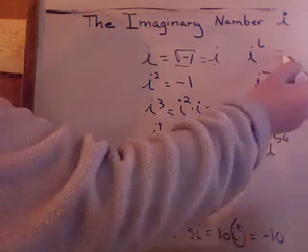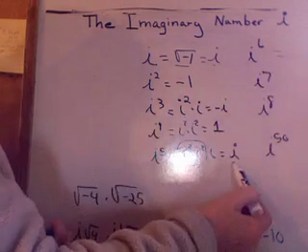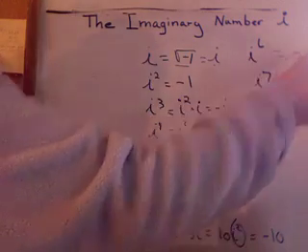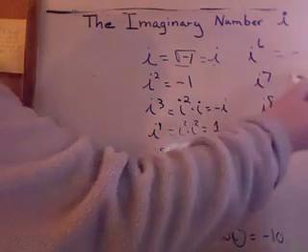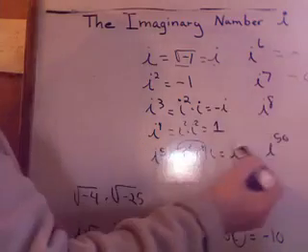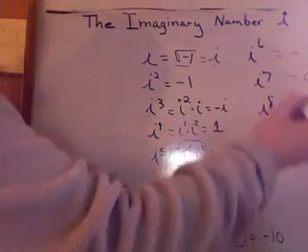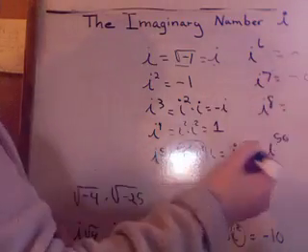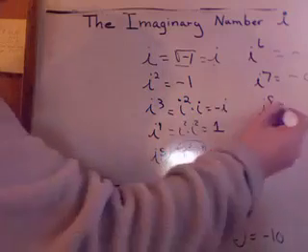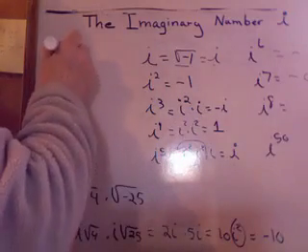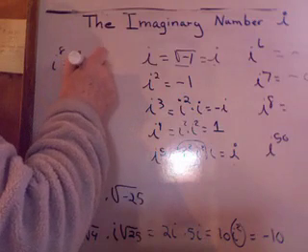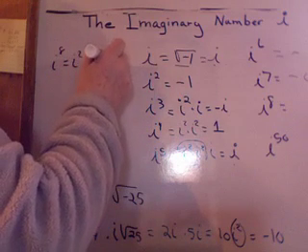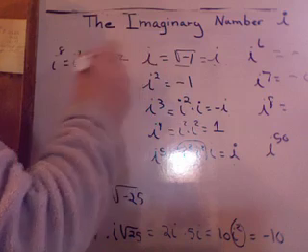So what do you think i to the 6th is? Negative 1. What do you think i to the 7th is? Negative i. What about i to the 8th? 1. And again, if you want to figure it out, you can figure out the i squareds. i to the 8th is i squared times i squared times i squared times i squared, right?